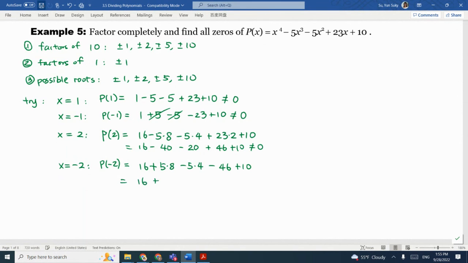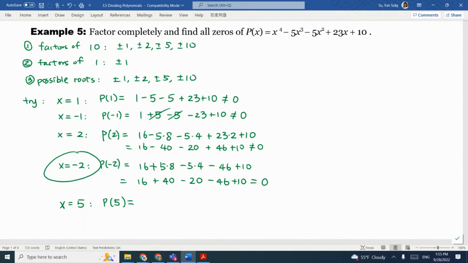Do you see 16 plus 40 minus 20 minus 46 plus 10? Do you see the negative number? -66. Look at the constant number: 10, 20, 50 plus 16, 66. Do you see 66 minus 66 is 0? Yes, we found a root. Can we stop here? No, we keep going.